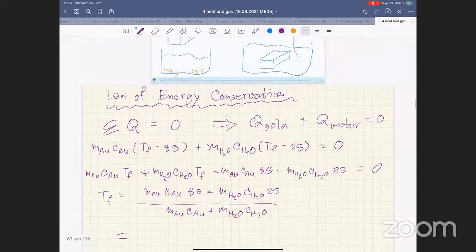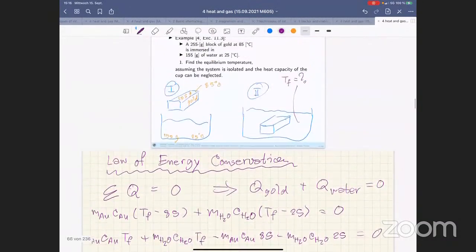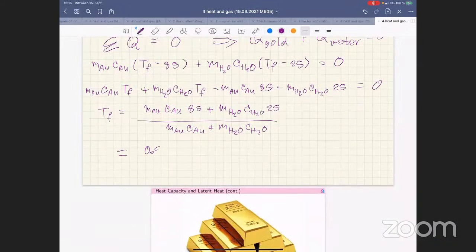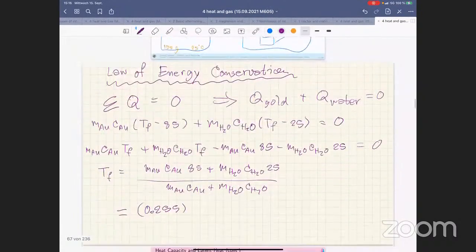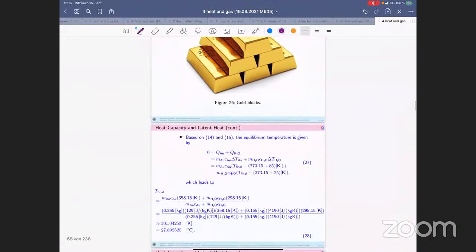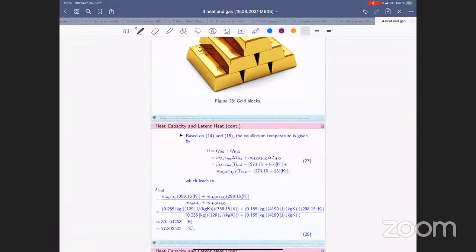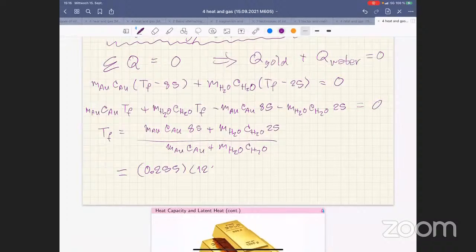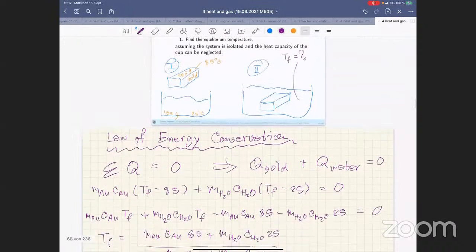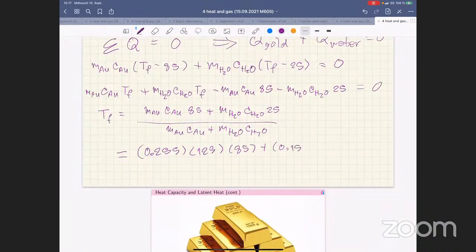Mass of gold is 0.255, right? 0.255. So basically, the specific heat of the gold is 129, times 85, plus the mass of the water 0.155, and the specific heat capacity of the water is 4,190, times 25.